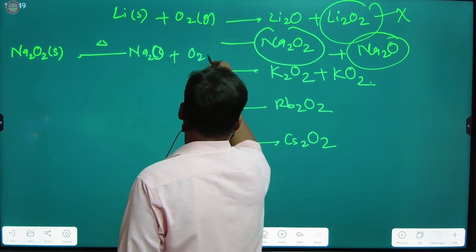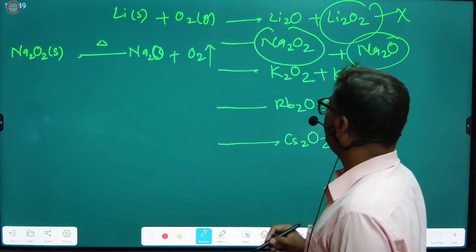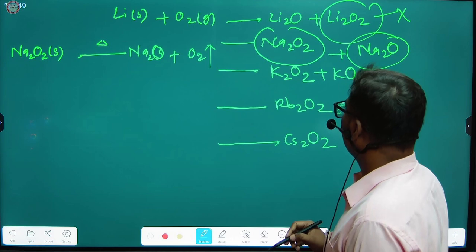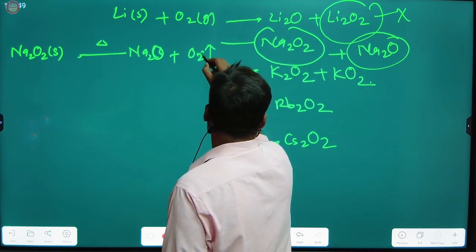So once sodium peroxide is heated, it results in the formation of sodium monoxide and oxygen gas that is liberated in the reaction.